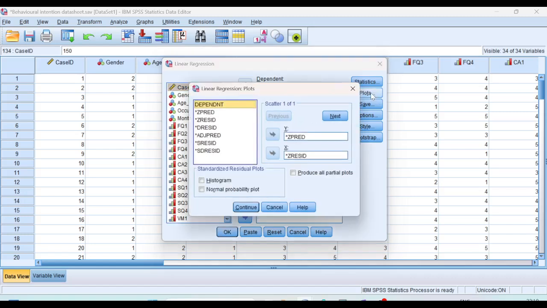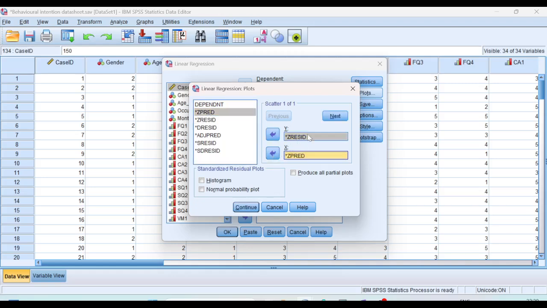We go to plots, and in the plots, what I need to do? I need to put the standardized value of residuals in the y-axis, and predicted standardized value in the x-axis, like this.